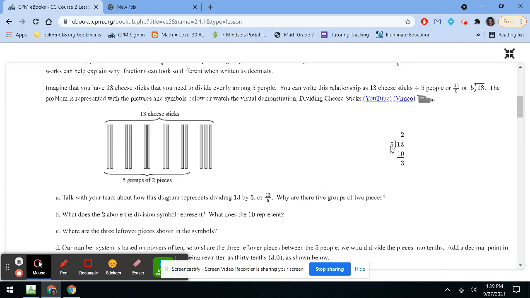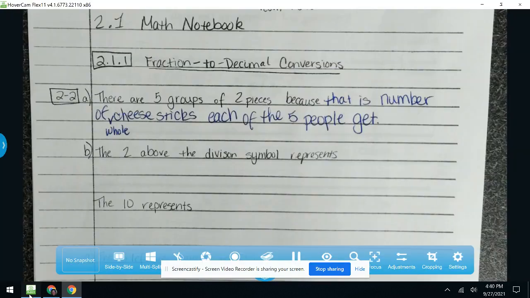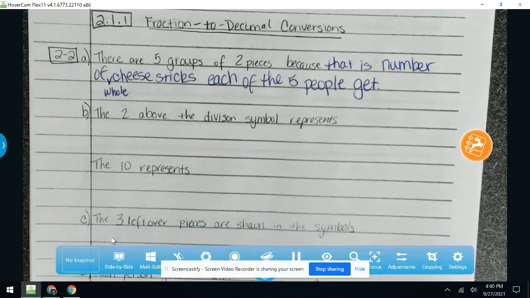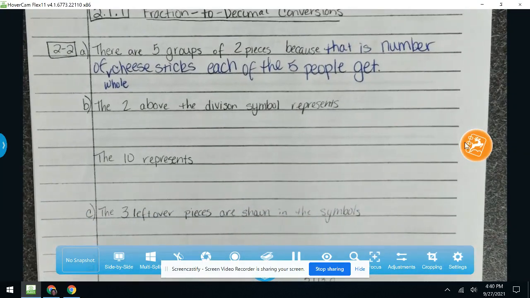I'm dividing them into 5 groups, and 2 is the number that I can divide it into before I have some leftovers. So for this one, man, that was wordy. That's wordier for me than usual, probably because I'm recording. You know how that goes.